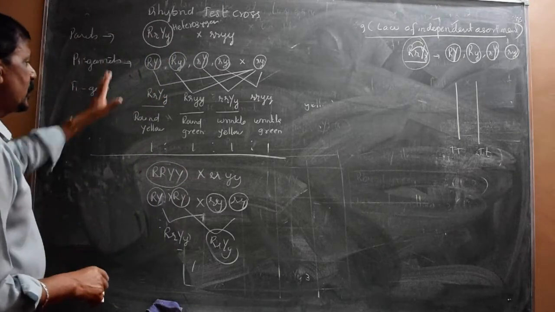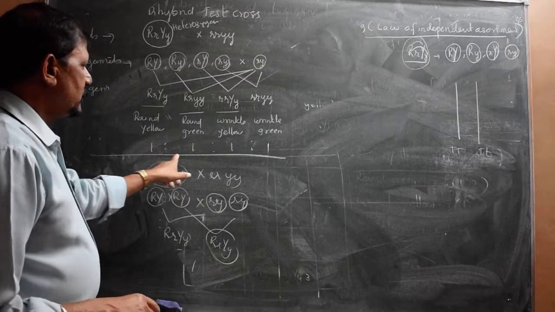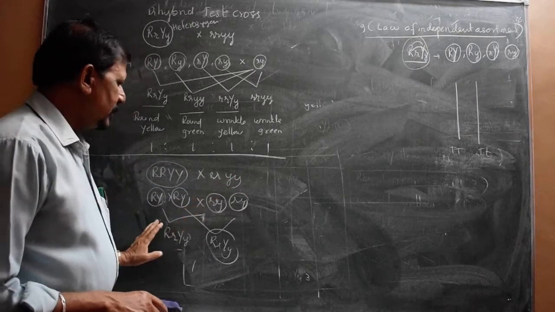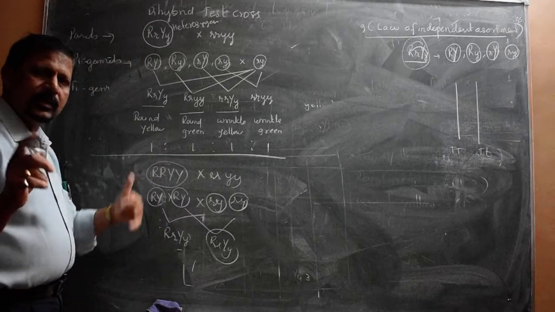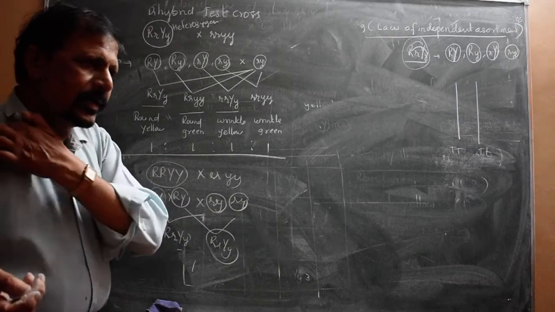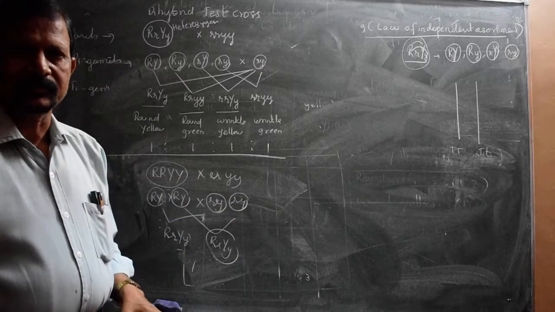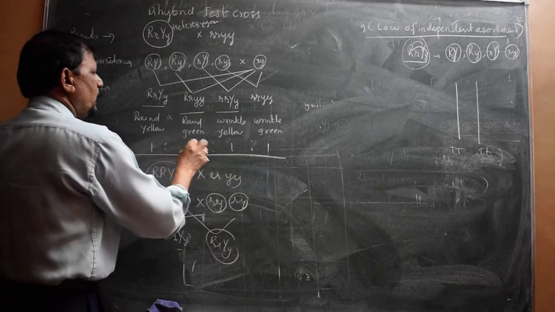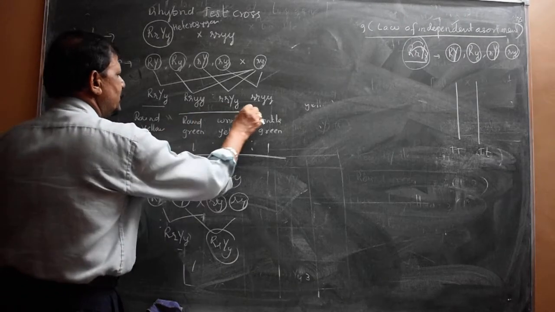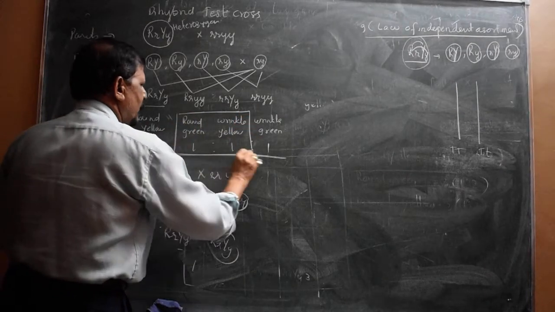So heterozygous here gives 4 different types of plants, and homozygous gives only one type of plant. So heterozygosity makes different types of plants.